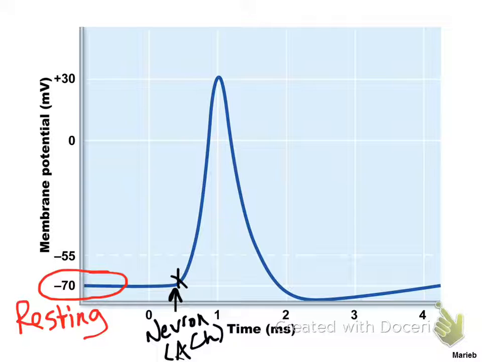Which one? What literally changed at the sarcolemma when we released the acetylcholine just then? We opened which channels? The chemically gated ones, because acetylcholine binds it. So which one was that? What did it allow to move?